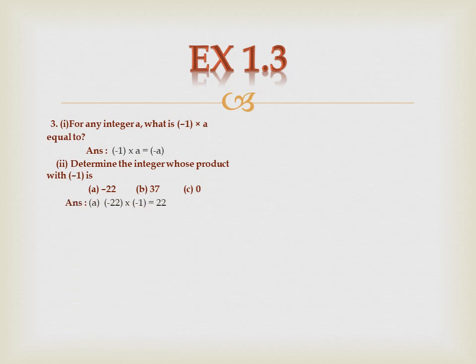Additive inverse of negative 22 is equal to positive 22. Otherwise, negative into negative is positive, therefore answer is positive 22. Second question, 37 into negative 1 is equal to negative 37. Third question, 0 into negative 1. If you multiply 0 with any number, answer will be 0. Therefore, answer is equal to 0.